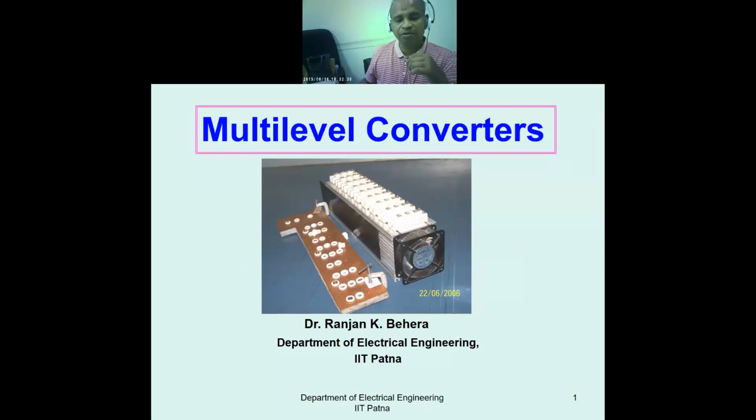For those types of power, you would have to design a very large filter for that drive, and in the train engine, within that space, you cannot accommodate such a large filter circuit. So when you go for higher levels of the voltage, the filter requirement is nearly zero. And this is what the multi-level converter is.